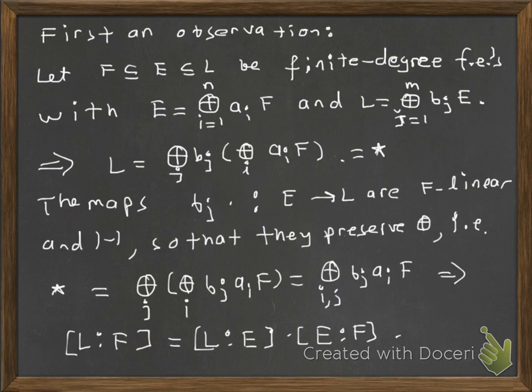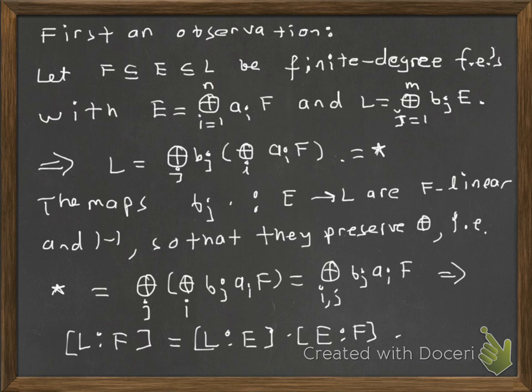Well, an easy fact to see is this: for each J, multiplication by BJ inside E constitutes an F-linear transformation between the vector spaces E and L over F. And it is evidently one-to-one because we are working in a field, right? L, that is.